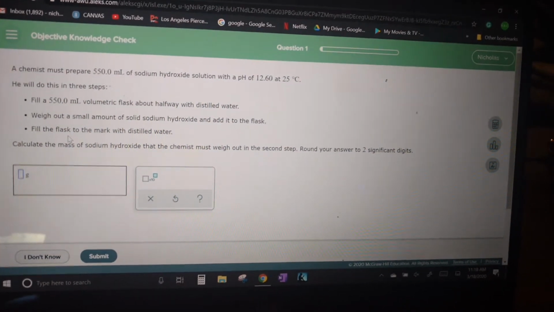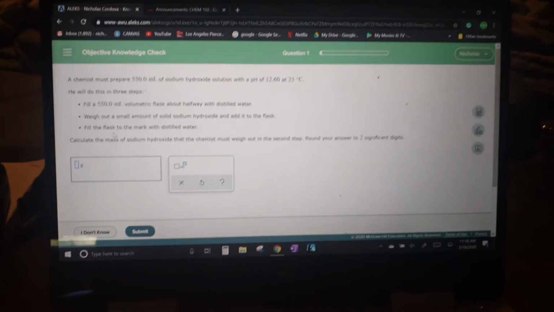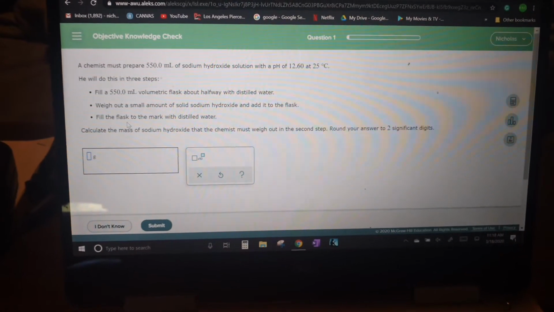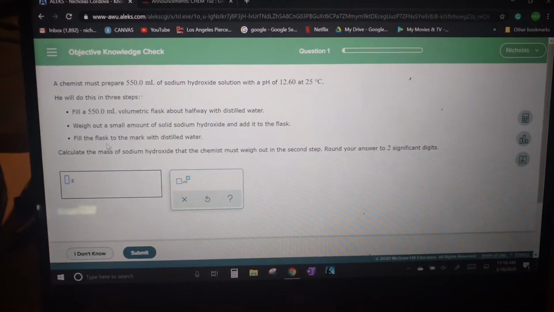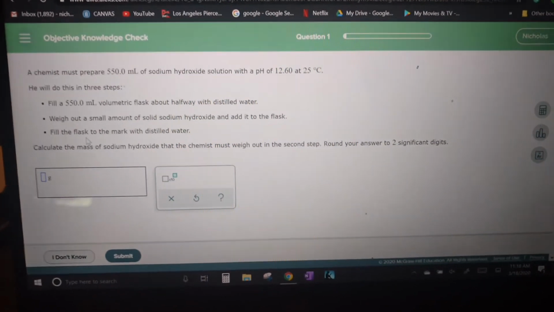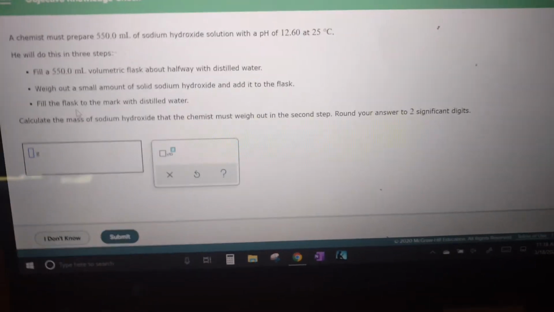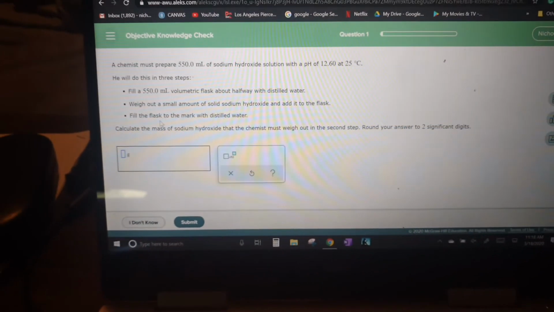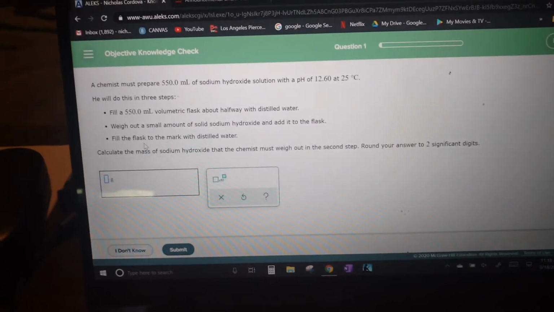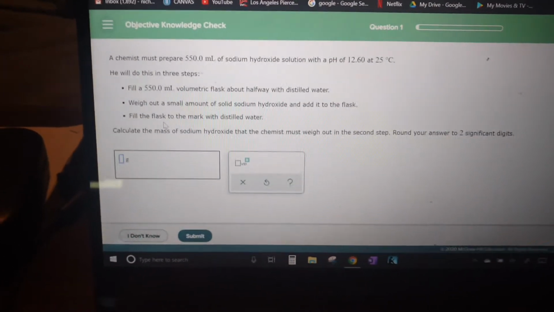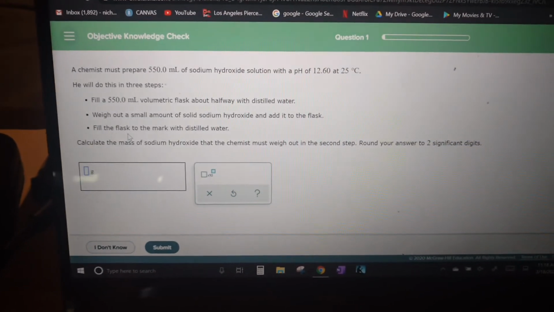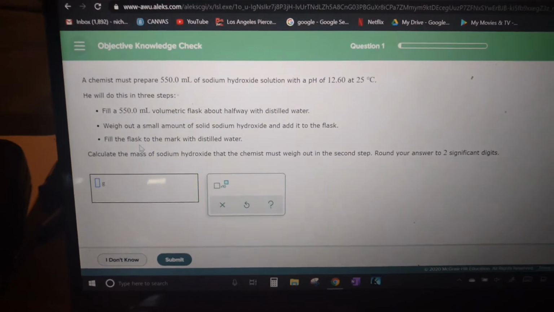Aleks is using 1.01 times 10 to the negative 14th instead of what the professor uses, which is 1 times 10 to the negative 14th, which means that you have a discrepancy of 1/100th in a log, which can actually convert into a big mess and give you an answer that's off, and Aleks won't accept it. So maybe you've run into that problem when you're doing the practice. If you haven't, you probably will.